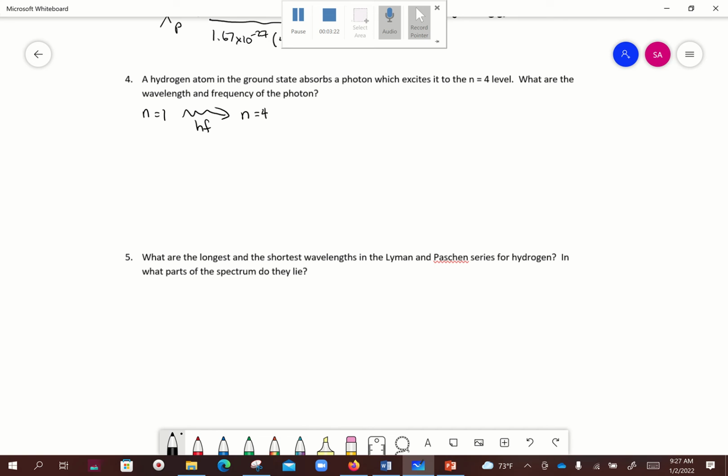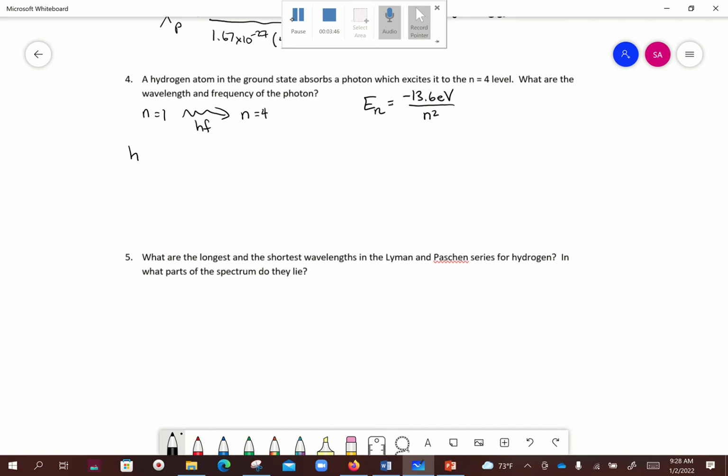Okay, so how are we going to do this? Well, we know that the energy of the light that excites it must be equal to the difference in energies between n equals 1 and n equals 4. So what are the two energies? Well, remember our equation for the energy in the hydrogen atom is minus 13.6 eV over n squared.